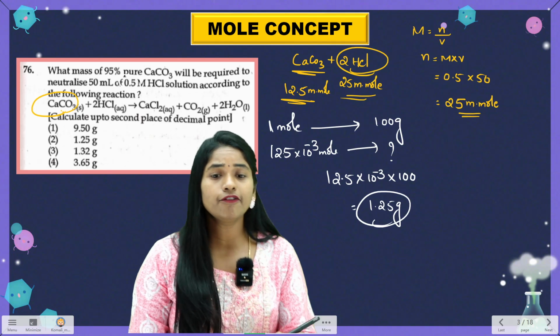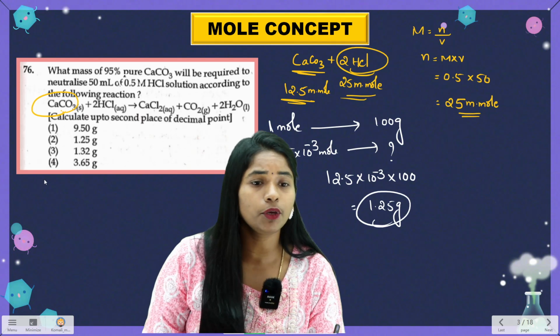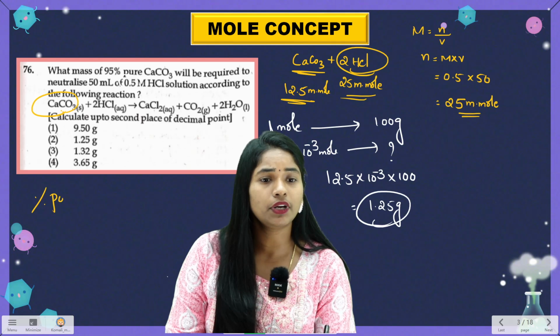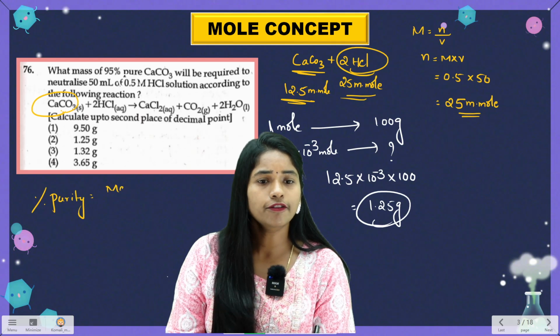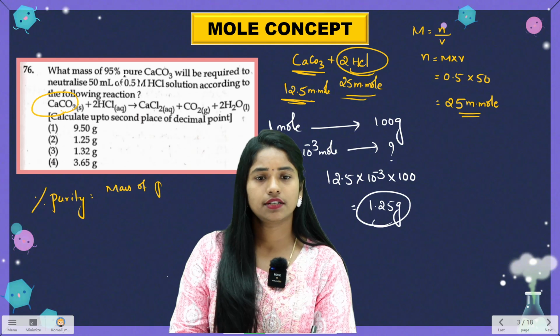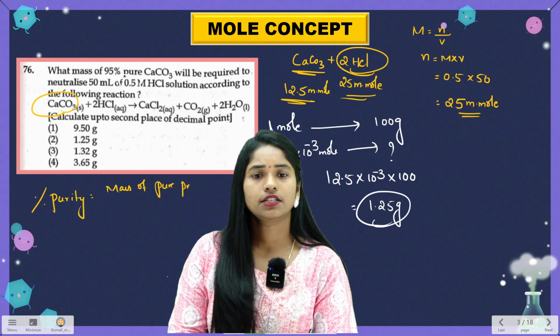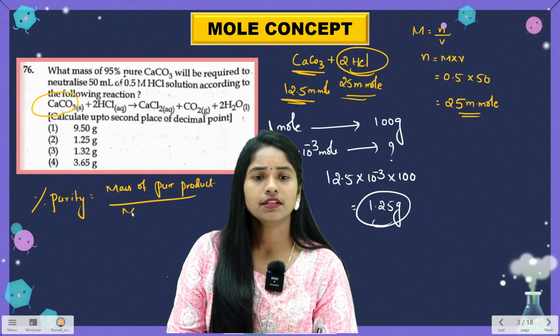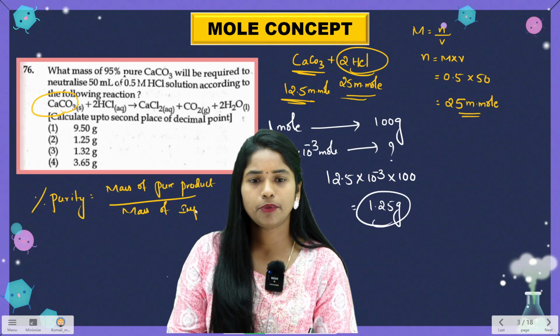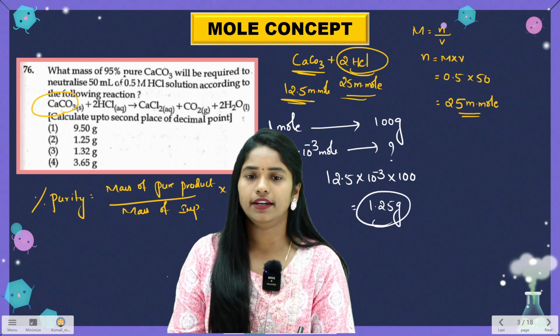What is the formula to calculate purity? Percentage purity is equal to mass of pure product divided by mass of impure product into 100. This is the formula.